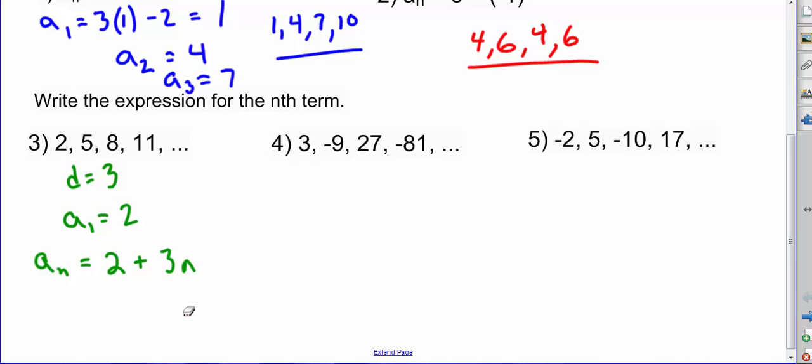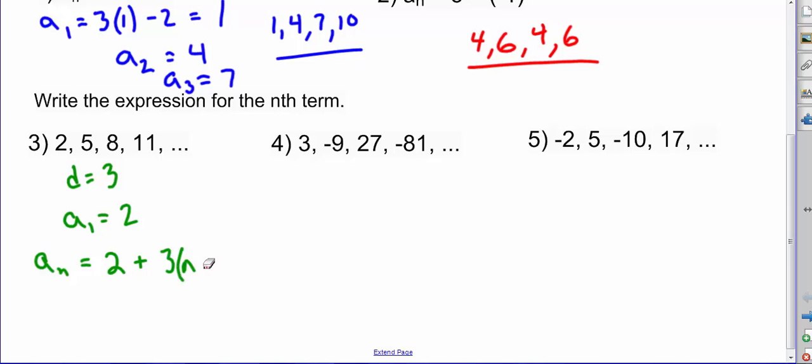Now that's really close, except if you were to plug in 1 to this function, a sub 1 equals 2 plus 3 times 1, that actually takes you to the second term. If you plugged in 2, you would get 8, which is the third term. So we're basically one term ahead everywhere here.